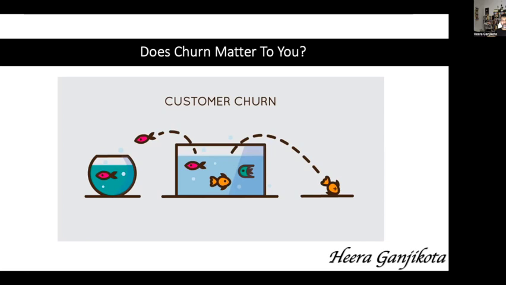So churn becomes an important aspect because obviously, selling to the same customer is much more cost effective than gaining a new customer. I think the cost ratio for selling to an existing customer versus gaining a new customer is multifold. I think it's somewhere between 3 to 5x, right? So obviously it's more economical to sell to the same customer.